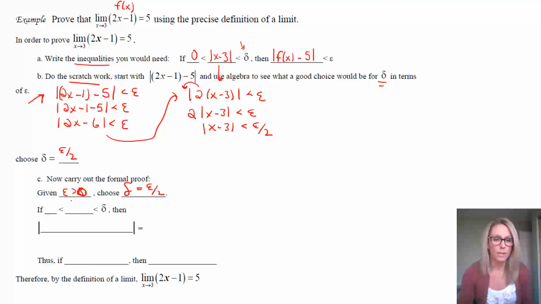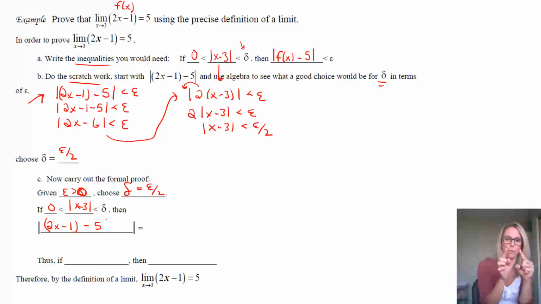Then what we know is that if the difference between x and what it's approaching is greater than 0 and less than delta, then notice what's happening here, we've got 2x minus 1 minus 5. So that's what we already had. If we're close in the x direction, then in looking at our y direction, the 2x minus 1, our function minus our limit, the absolute value of that, we've already done this.